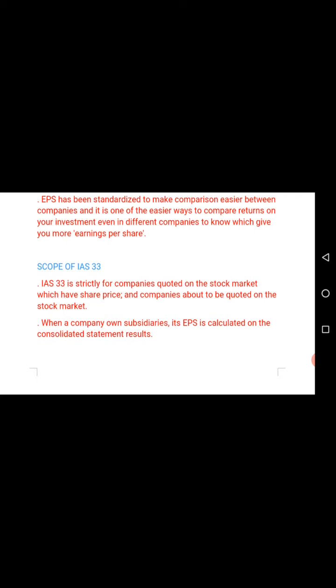Now, owning a subsidiary, in financial reporting you'd have to consolidate your accounts. Consolidate means bring them together and report as one entity. Subsidiaries are companies owned by a parent company.